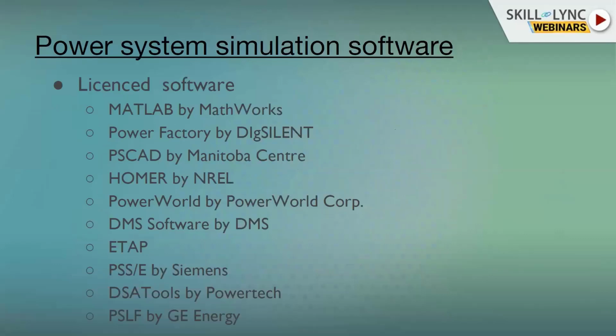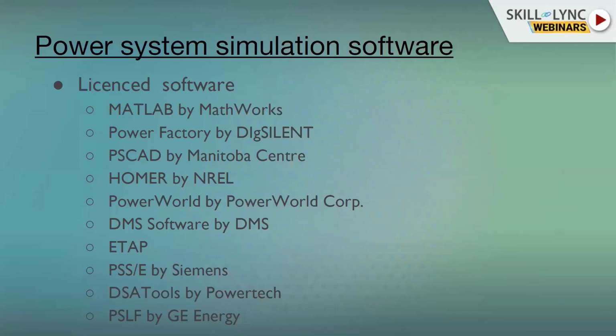So to do all these analyses and studies in the power system network, we have a number of simulation softwares. As we know, the power system network is very large in size and spread over a large geographical area. So we cannot go directly to the power system grid and do all our testing. It may be very disturbing for the grid.